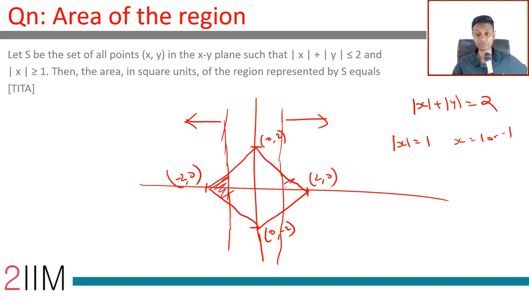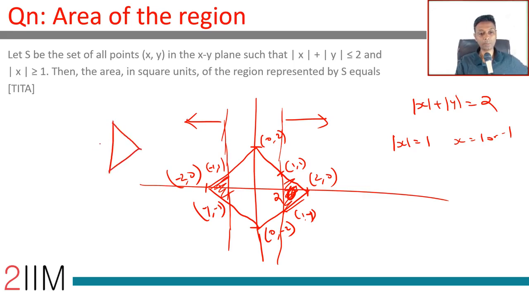Represented by S is this. What are the points here? This point will be 1 comma 1. This will be 1 comma minus 1. It will be minus 1 comma 1, minus 1 comma minus 1. This region. If you find one area, we can find the other. This distance is 2. Height is 1. So we have a triangle with base 2 and height 1.